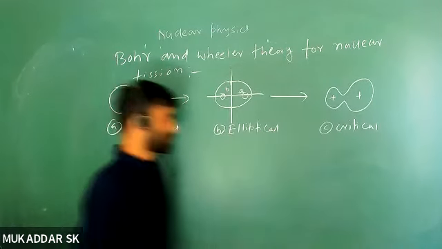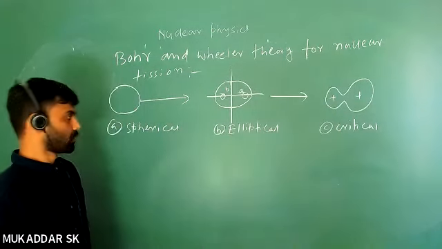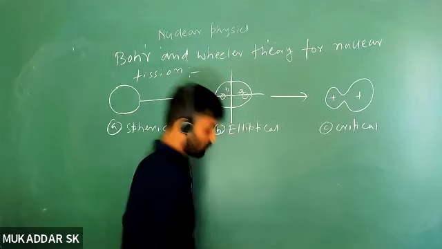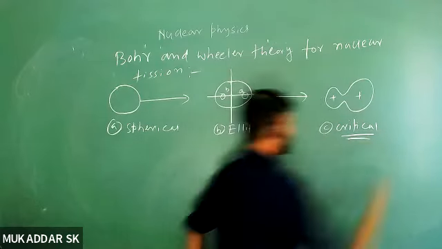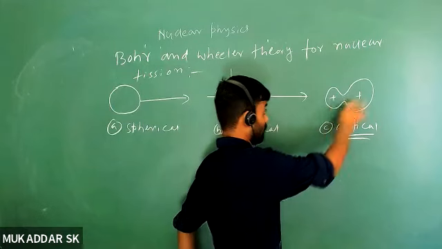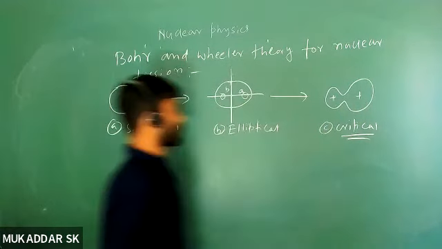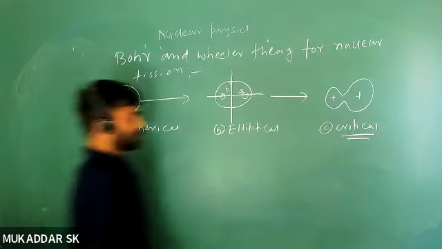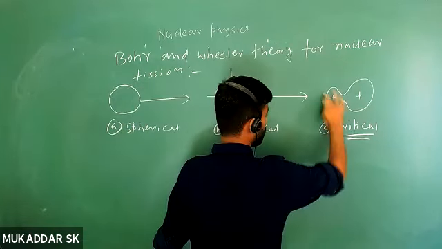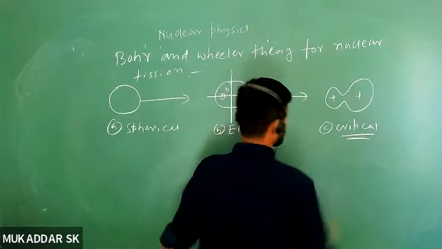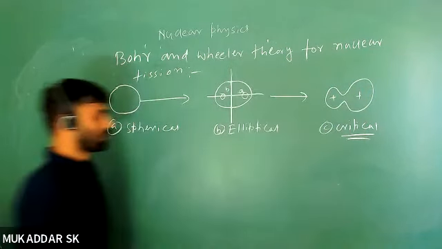So it's spherical, elliptical, dumbbell, and this is also known as the critical state. Again there will be Coulomb repulsion. Sir, both are positive? Yes, positive. I am talking about the nucleus, so here there will be protons, and here also there will be protons, right? So that's why they are denoting like this.